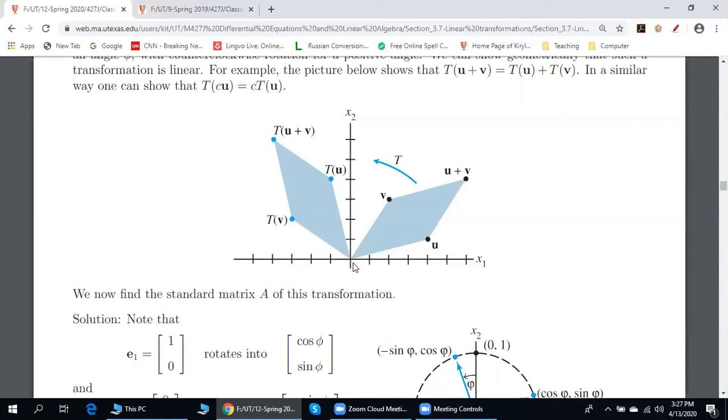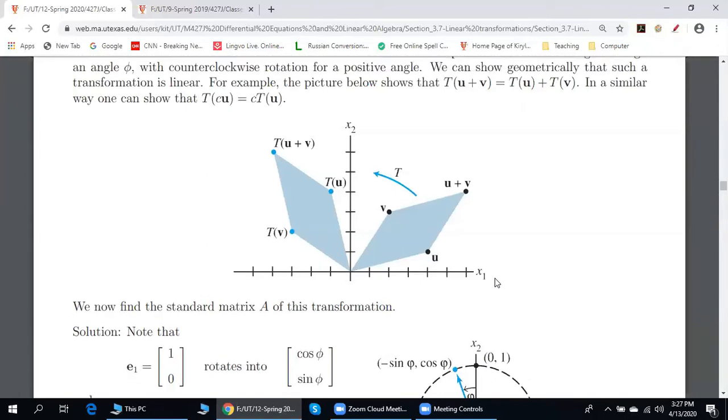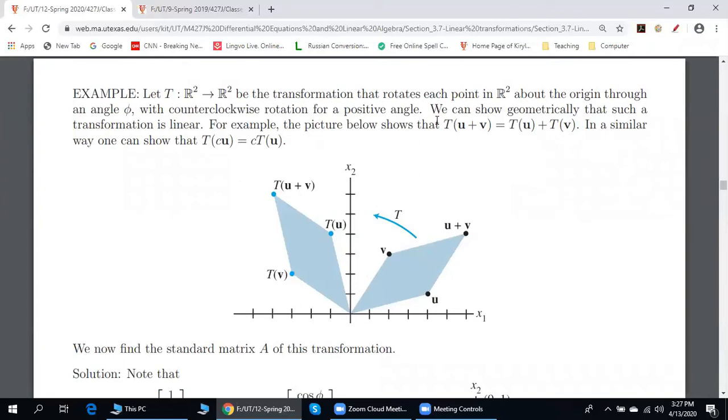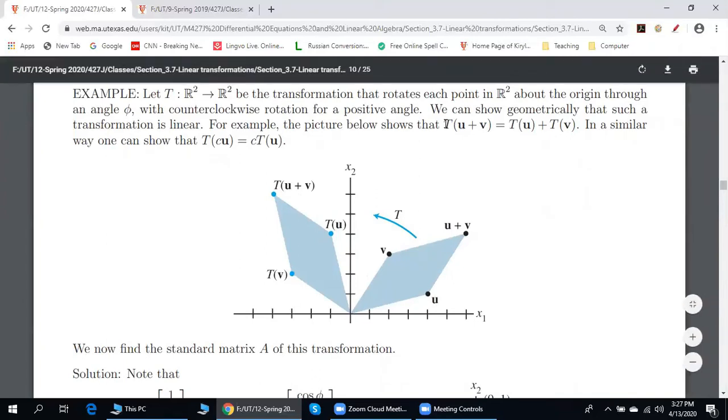This is T of v, and this is T of u plus v because T is rotation. Observe that according to what we see here, T of u plus T of v is equal to T of u plus v. This picture shows that if T is rotation, property number 1 is true.